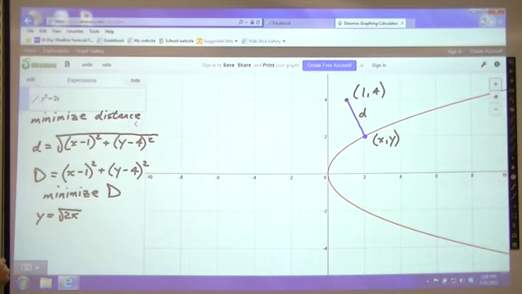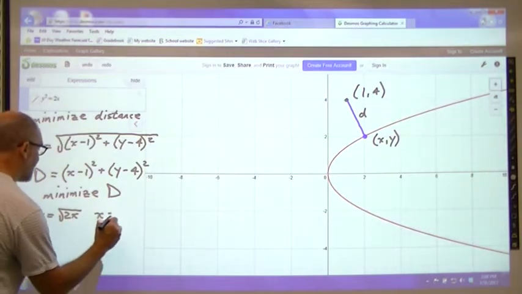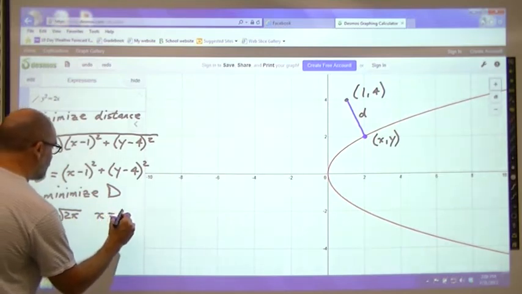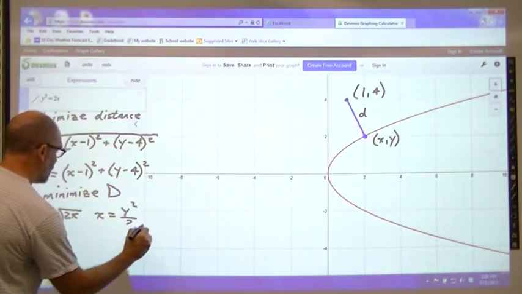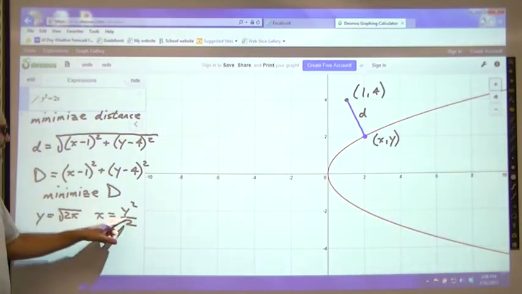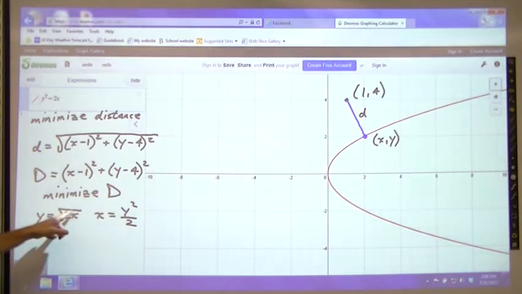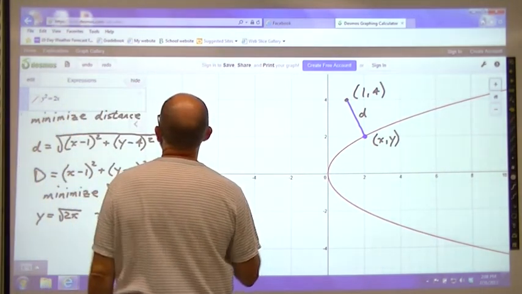And if I was going to make x in terms of y, then I would say x equals y squared over 2. Now, I like the y squared over 2 a little bit better, because then I don't have a radical in here for the y. So let's do that.